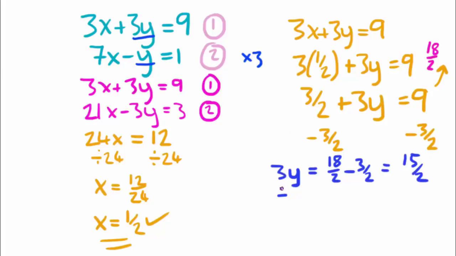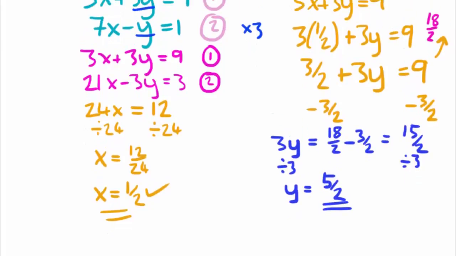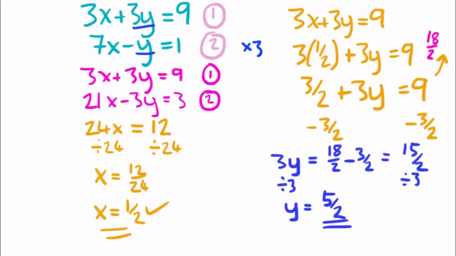So if we divide that by 3, trust me to pick the hard one, what we end up with is y equals 5 over 2. So it's essentially equal to 2.5.